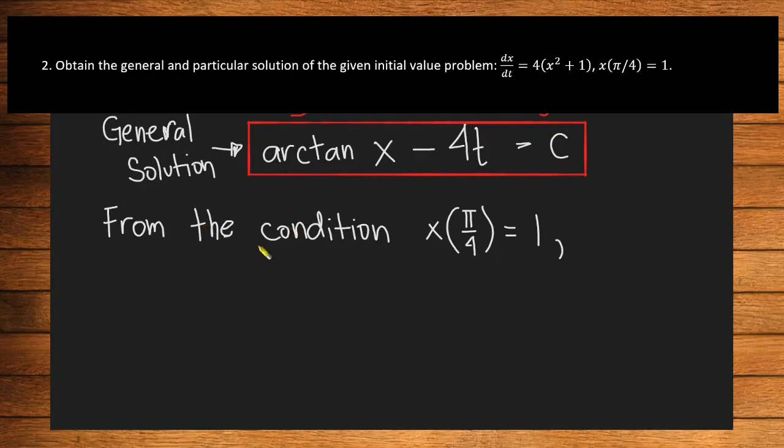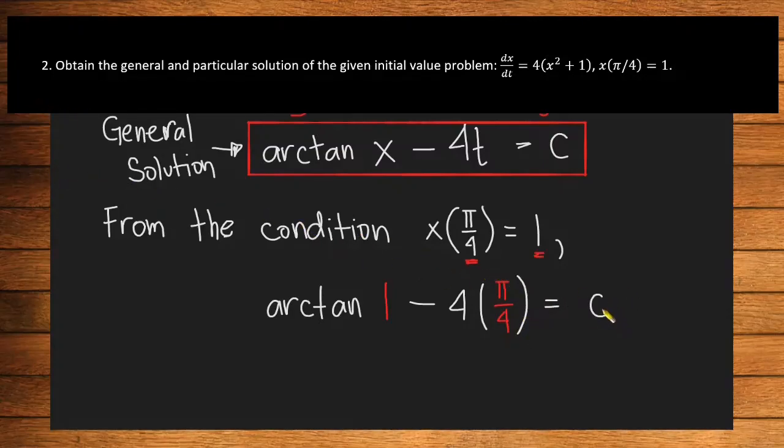Okay, so we will just substitute this to our general solution. So we will have arctan of x. Again, for x, we will substitute 1, then minus 4 times t, which is equal to pi over 4, and this will be equal to our constant c. So now we can obtain the value of our arbitrary constant given the conditions.